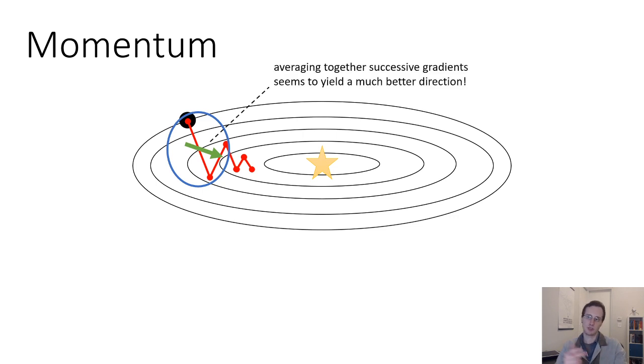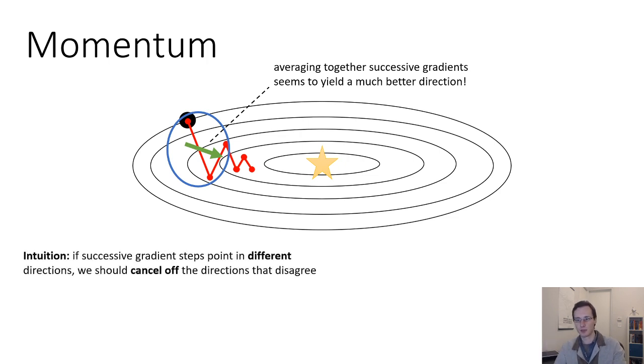Averaging, in this case, if we were to average together two successive gradient updates, would give us an update direction that is much better than the one we had from the steepest direction at any single point. So the intuition is that if successive gradient steps point in different directions, we should cancel off the directions that disagree and just keep the directions that agree, and then we'll go in a better direction.